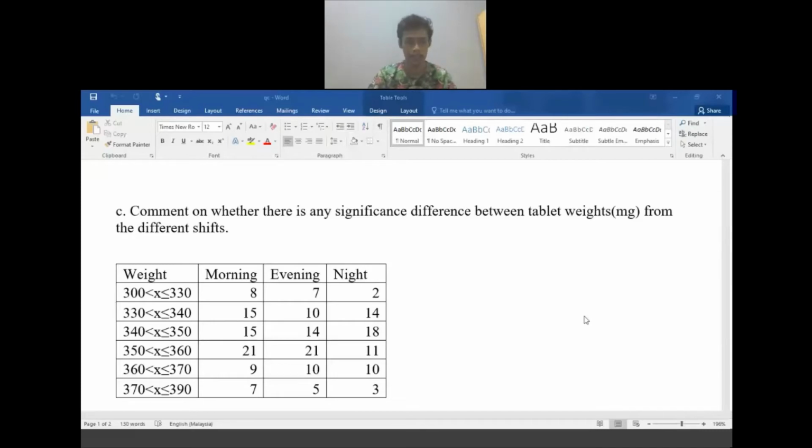For question C, comment on whether there is any significant difference between tablet weights from the different shifts. First of all, we need to know what topic to use to solve this problem, since they ask for significant difference. So we use the ANOVA, which is analysis of variance.